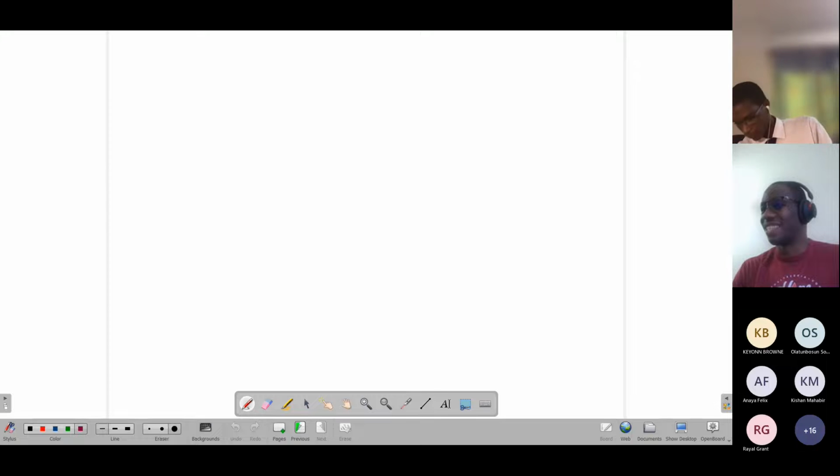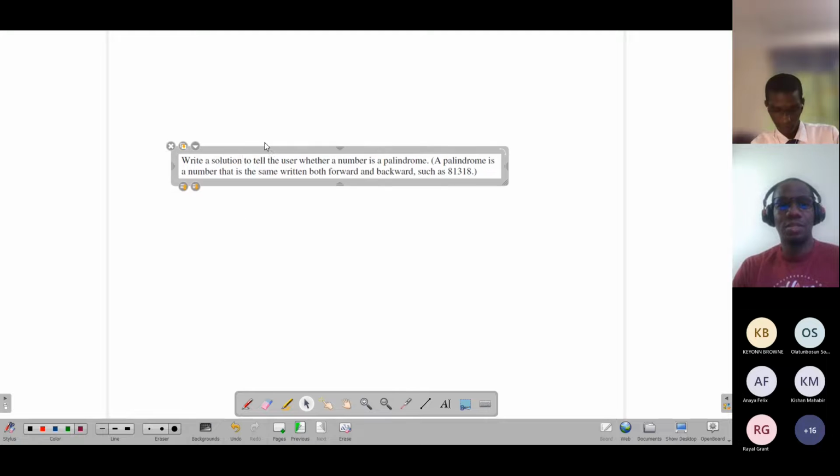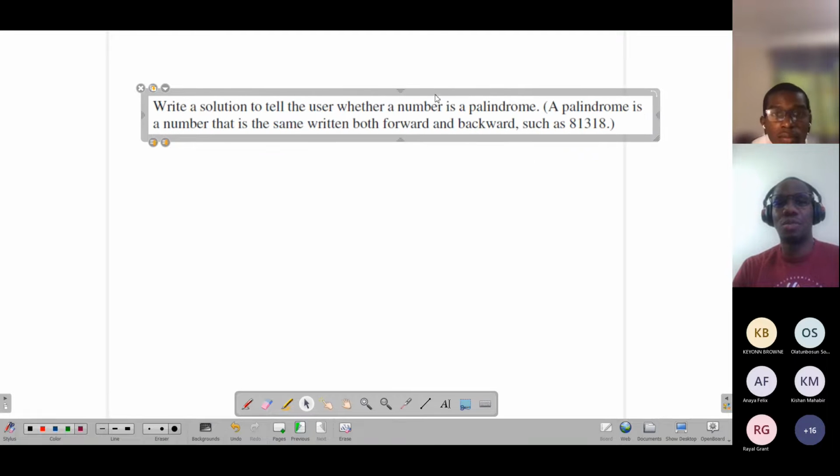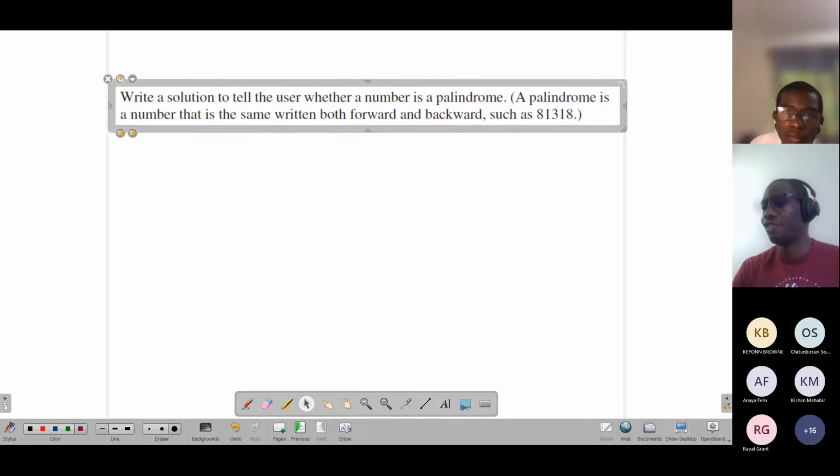This is a nice little challenge question for you guys to think about over the course of the next week. We want to write a solution to tell us whether a number is a palindrome. And a palindrome is a value or a word that can be read the same backwards or forwards.